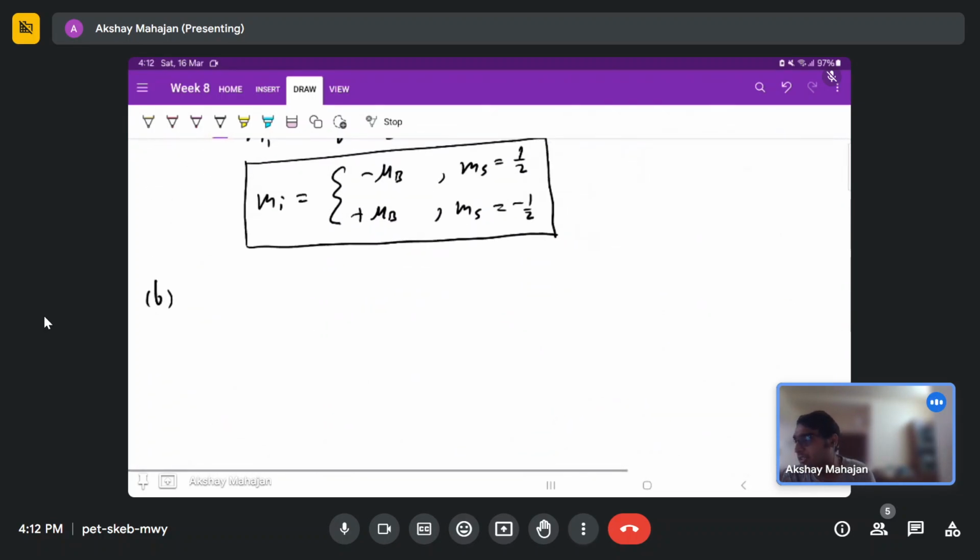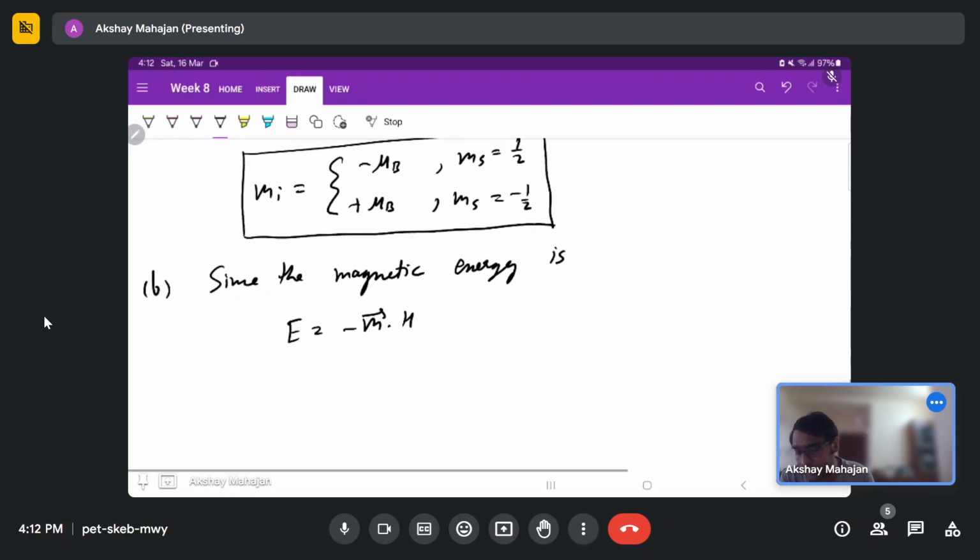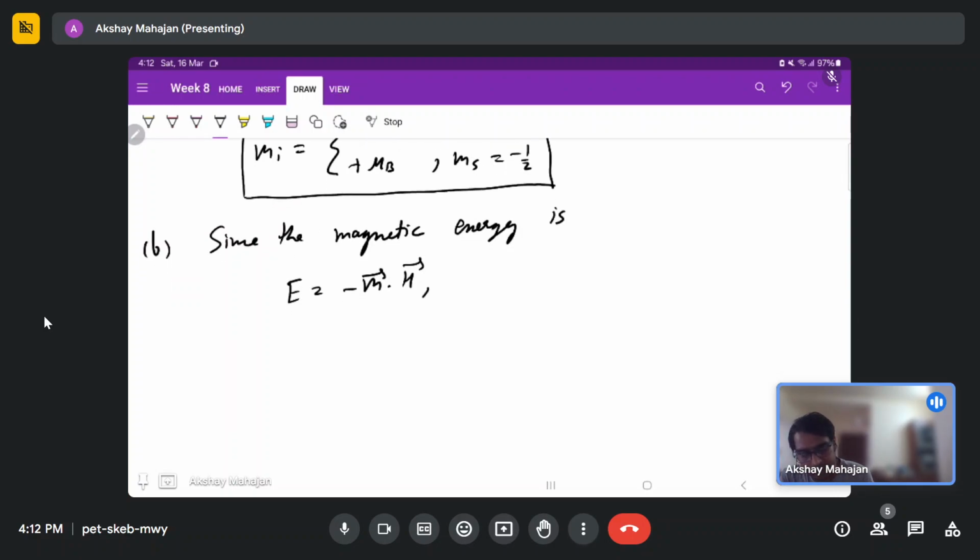Now the magnetic energy, we know, is given by E equals minus m vector dot h vector, where h vector is the applied magnetic field.